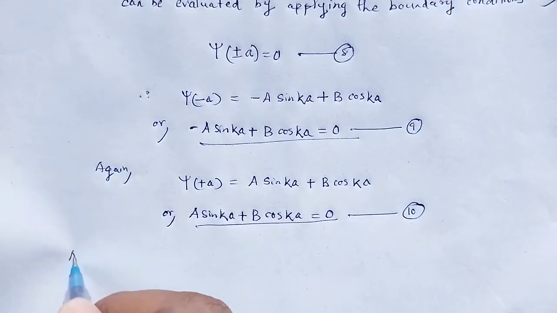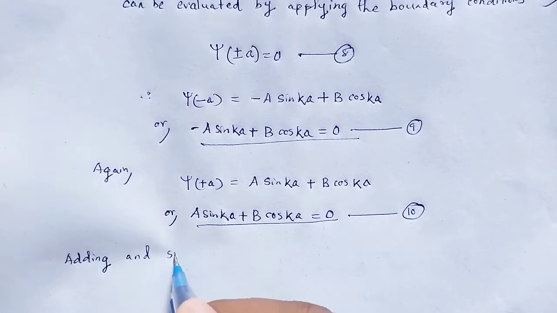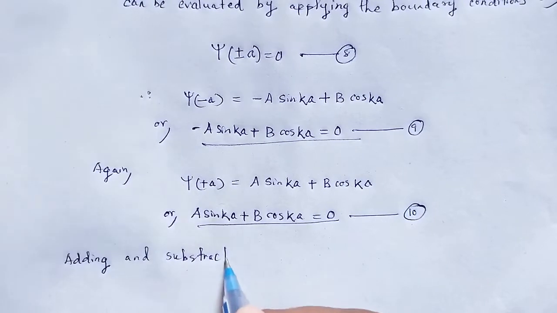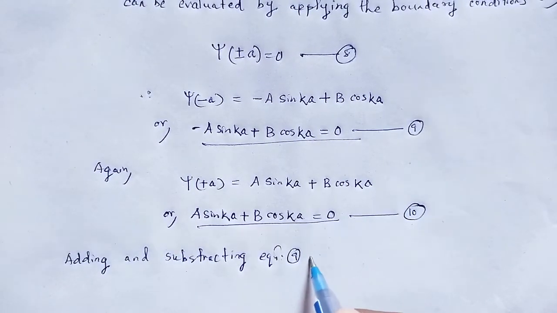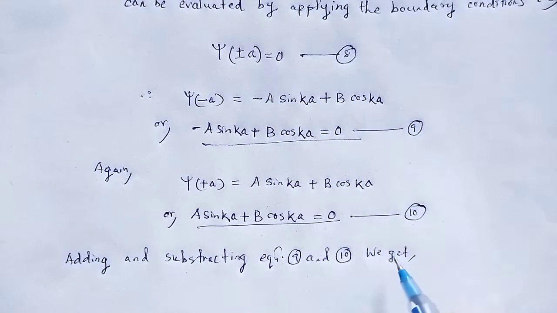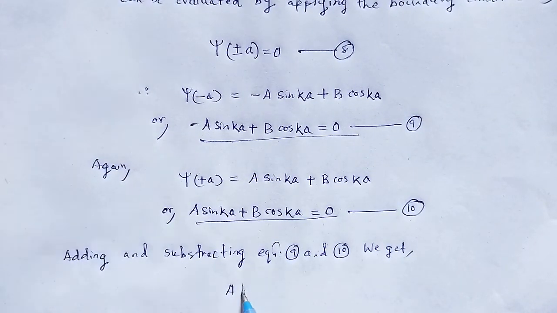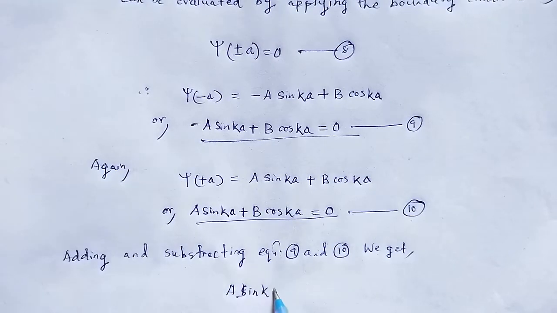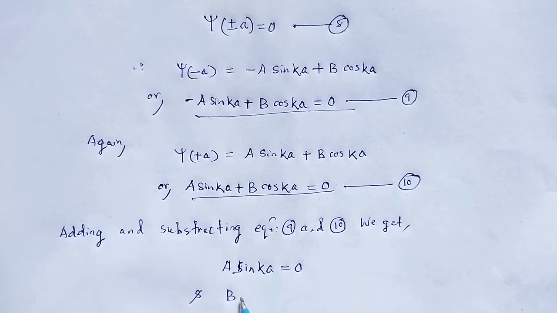Now adding and subtracting equations 9 and 10, we get a sin ka is equal to 0 and b cos ka is equal to 0.